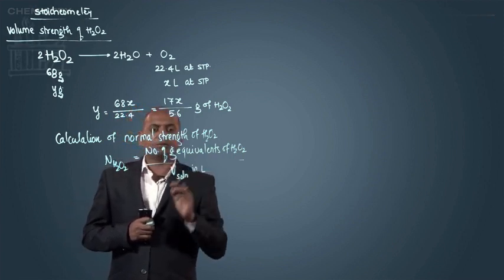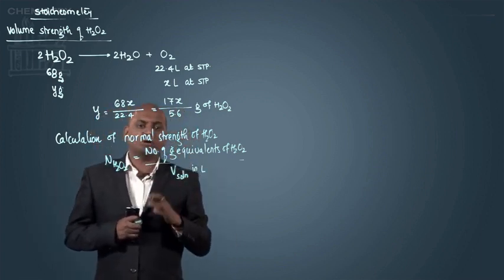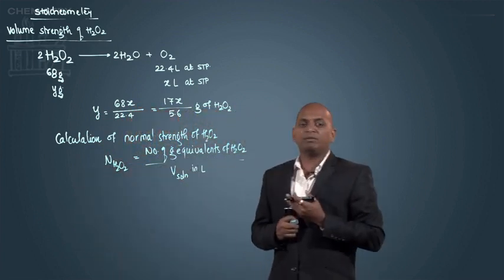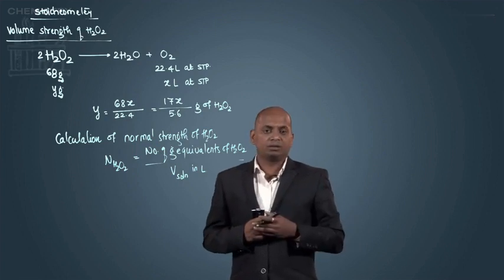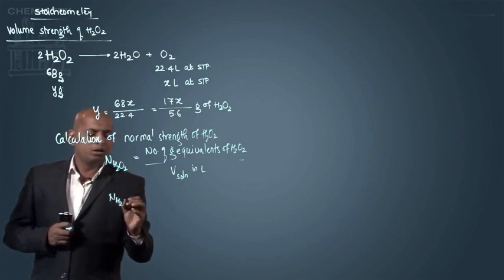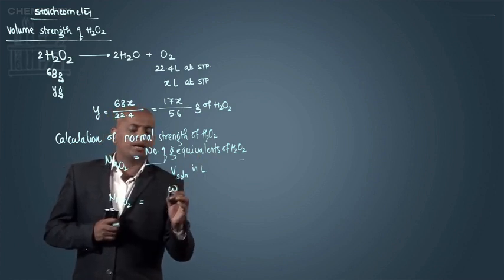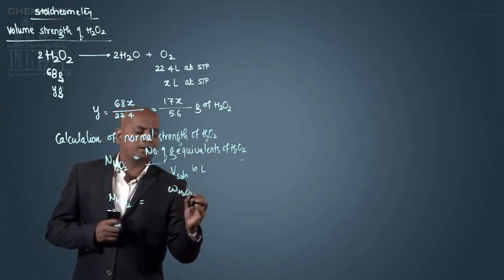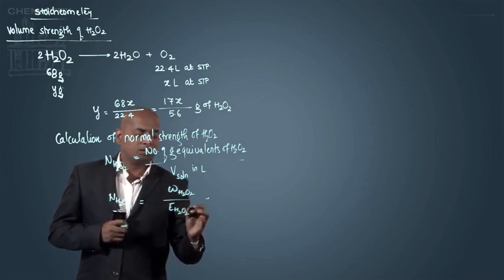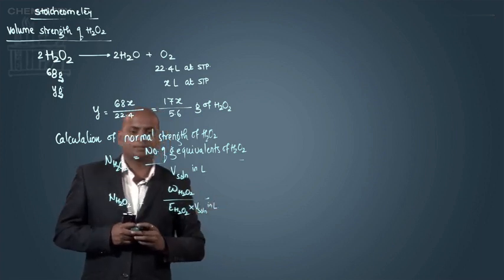Every time I will be using this term, volume of solution in liters. If the volume is not in liters, I have to convert it into liters. If it is given in milliliters, then we have to multiply it by 10 raised to minus 3. So, normality of H2O2: the number of gram equivalents stands for weight of hydrogen peroxide divided by equivalent weight of hydrogen peroxide, divided by volume of solution in liters.